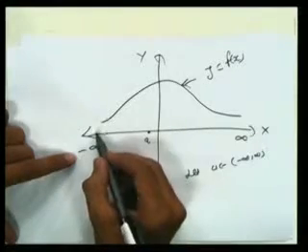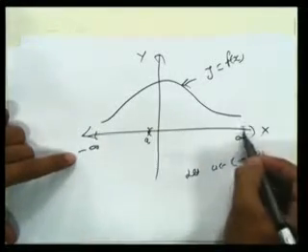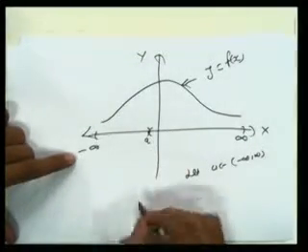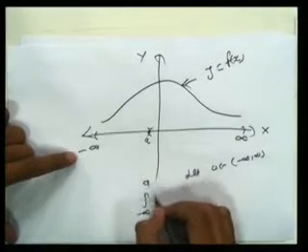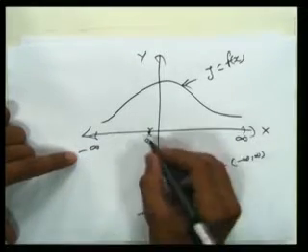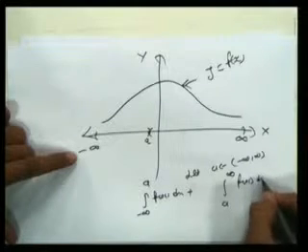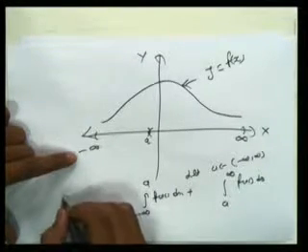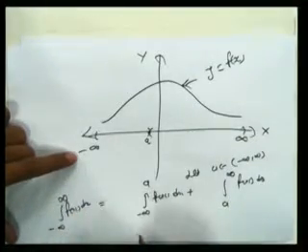So now we have two intervals, from minus infinity to a and then a to infinity. Now we take integration over both of these intervals. Thus we have integration from minus infinity to a of f of x plus integration from a to infinity of f of x dx, and this is the same as integration from minus infinity to plus infinity of f of x dx.